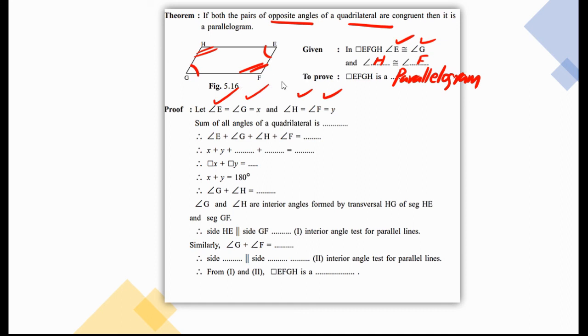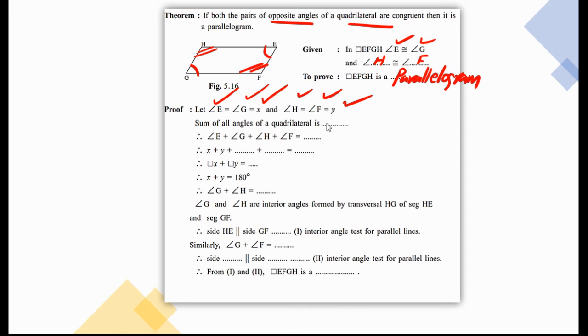So here opposite angles congruent हो गया, तो parallelogram में prove करने के लिए जा रहा हूँ. In that case, we have to say that angle E and angle G are equal, and let us name it as X, and angle H is congruent to angle F, let us name it as Y.